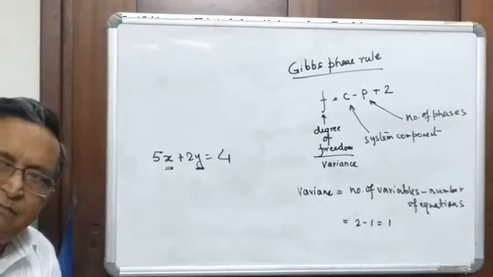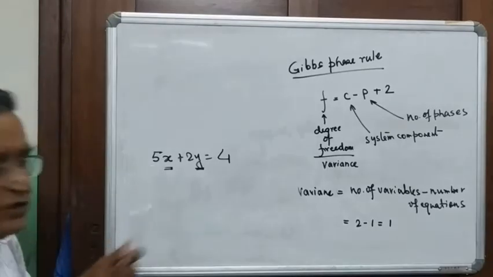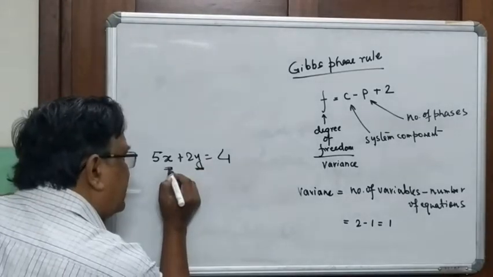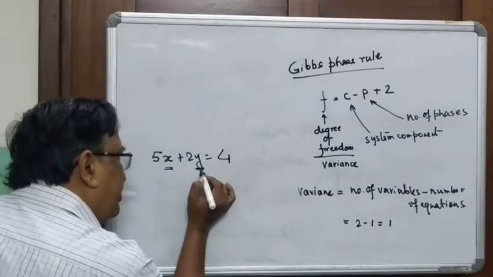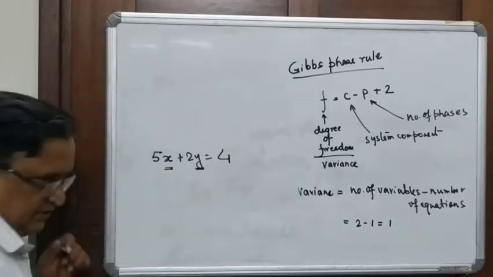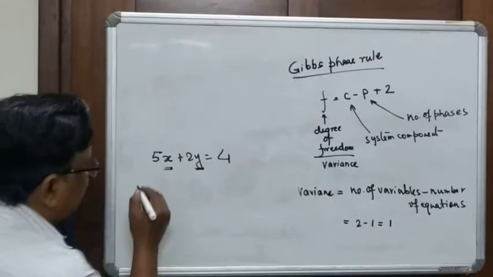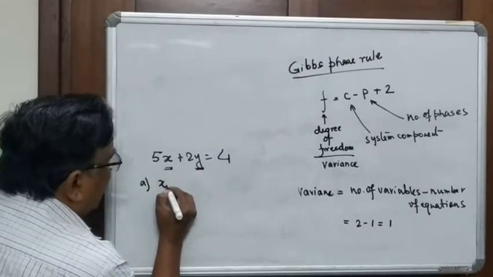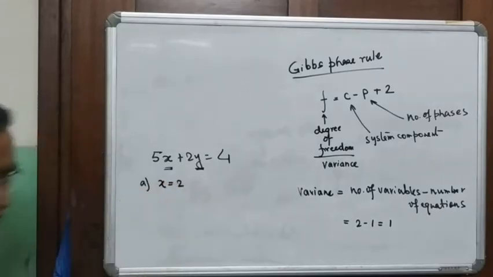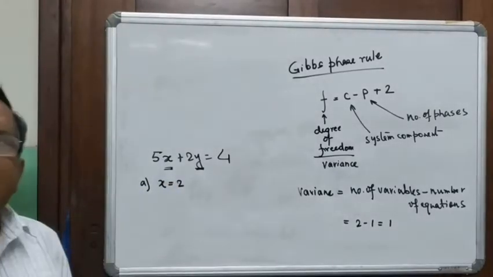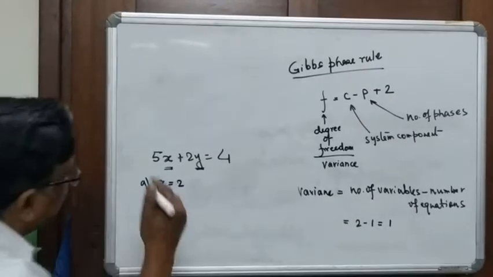This can be done in two ways. Either you need a value of x to find y, or you need a value of y to find x. So for example, one case may be I write x is equal to 2. The value for x is equal to 2.